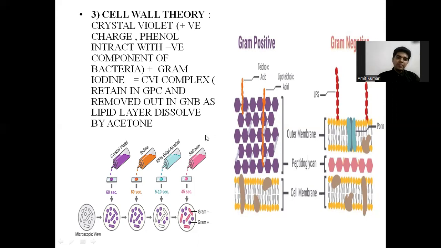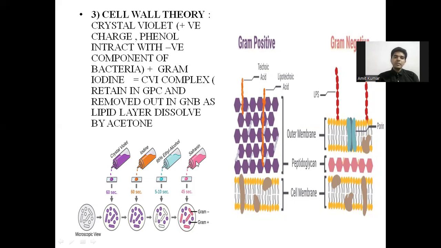Then after that we put gram's iodine. This gram's iodine combines with the crystal violet, and that results in the formation of the crystal violet iodine complex, that is the CVI complex. And this is a very large complex that is not easily removed through the pore size of bacteria.